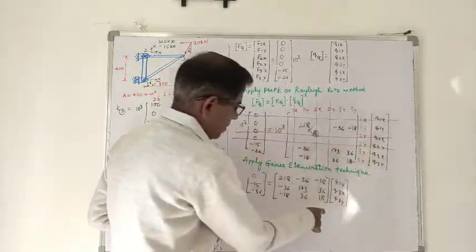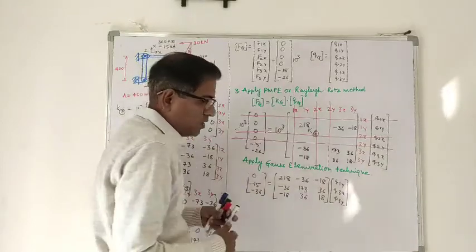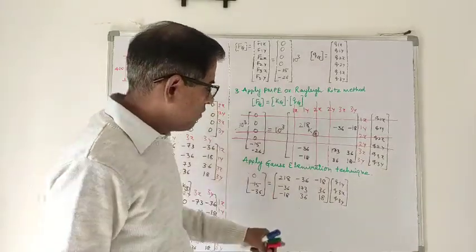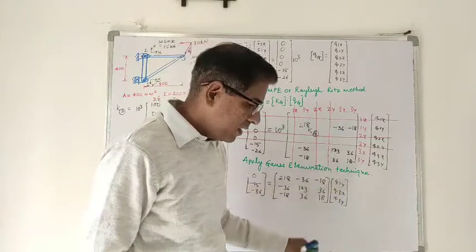So here 3 unknowns, 3 equations, so we can easily find out the values of q1y, q3x and q3y.